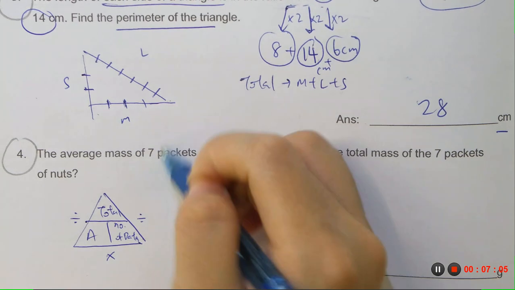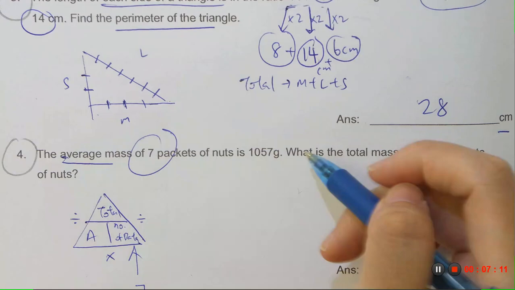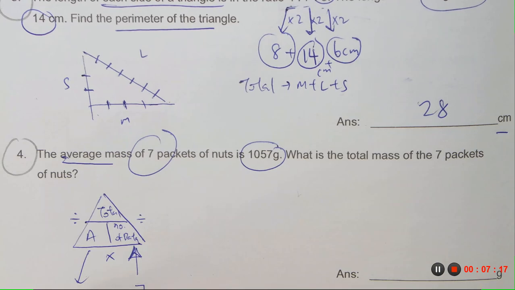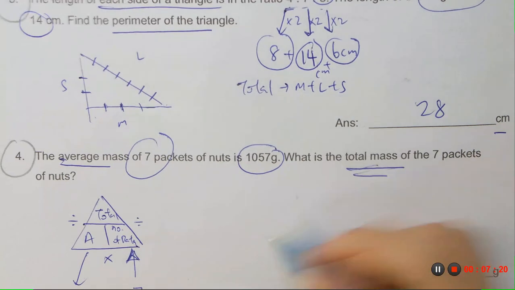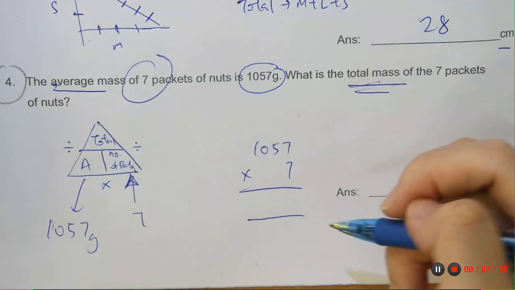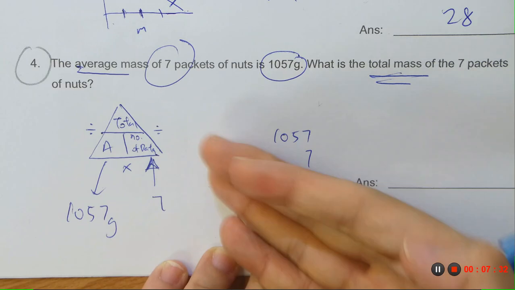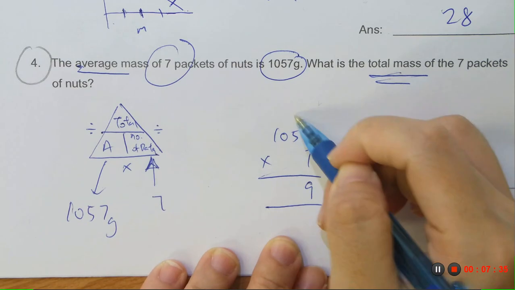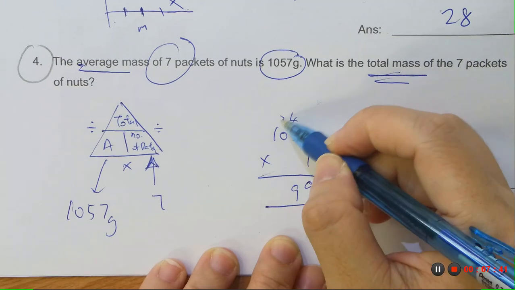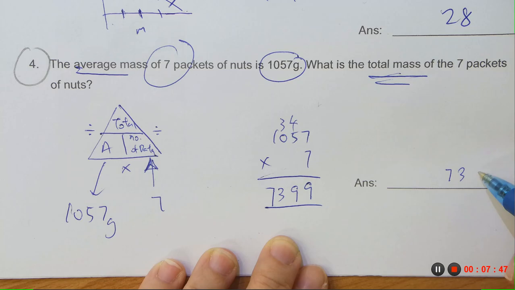I have the number of data is 7, and the average is 1057 grams. What is the total? So it will be times 7. Is this okay? I think it's not a complicated one. The only challenge is whether you remember the formula. Then the rest is multiplication. Is this okay?